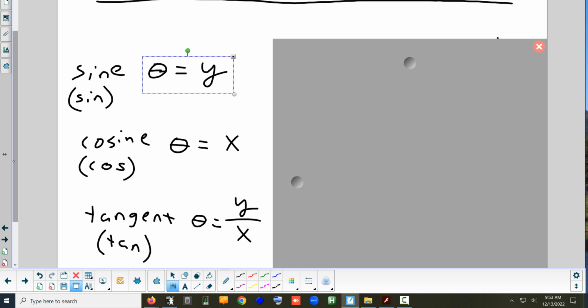Usually you don't see tangent written out, T-A-N-G-E-N-T. Usually you see the letters T-A-N. There are three other trig functions that I'll show you tomorrow. And they're all very similar formulas to those three.